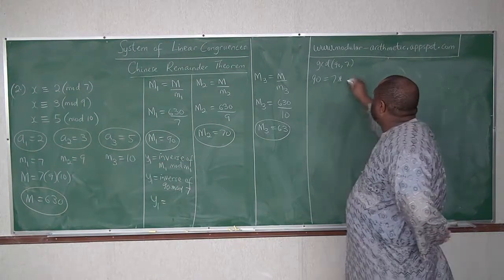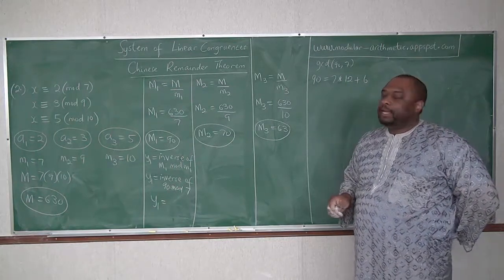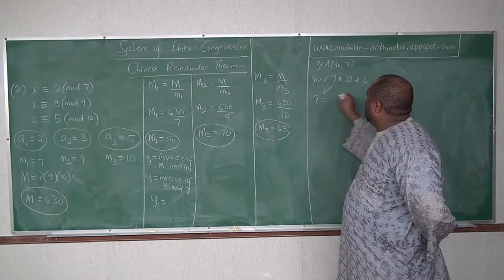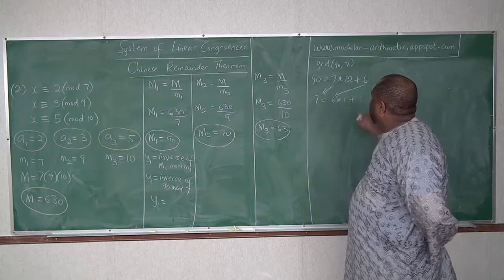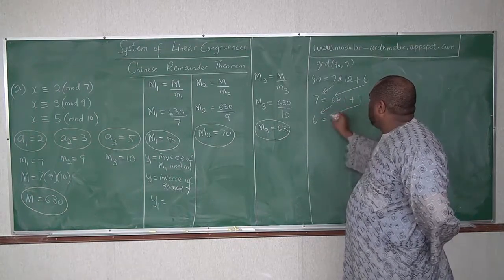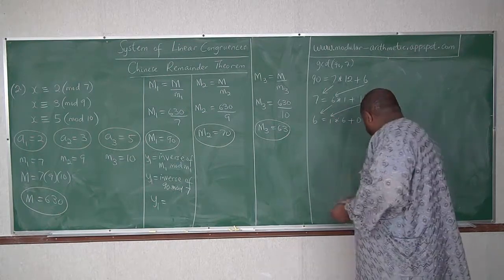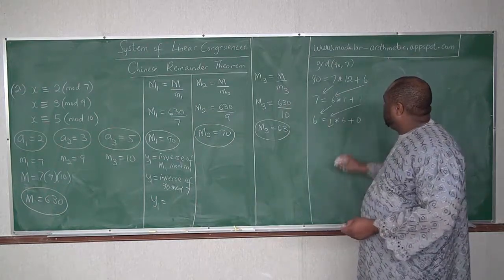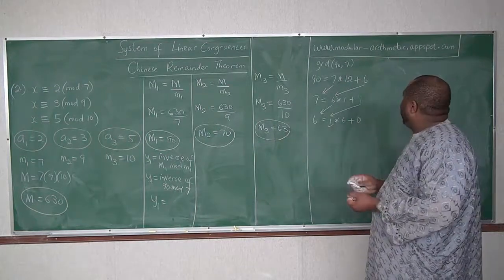So 90 is 7 times 12 plus 6. Then 7 is equal to 6 times 1 plus 1. And 6 is equal to 1 times 6 plus 0. So the GCD is 1.